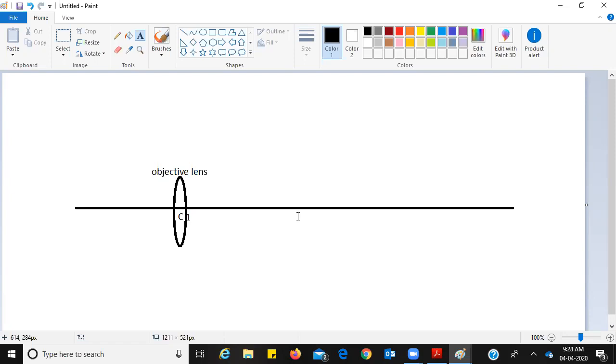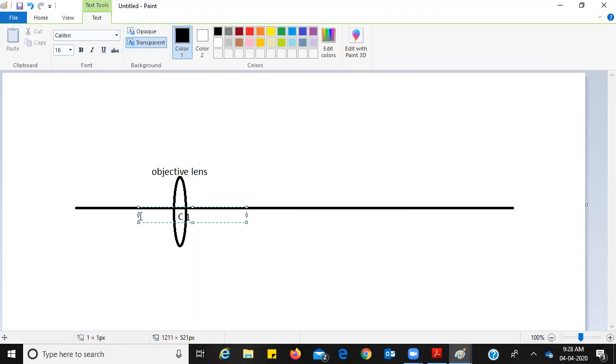But the important thing is that the final image can't be at the eyepiece lens. It has to be at 25 centimeters.